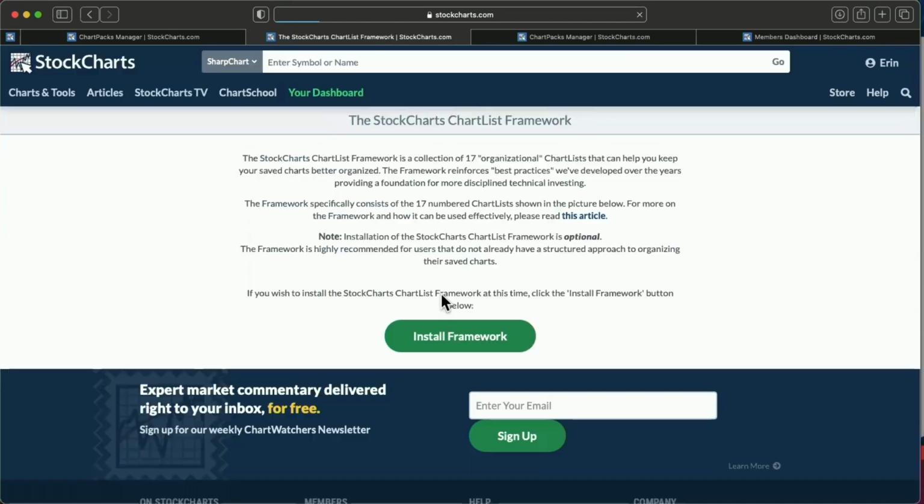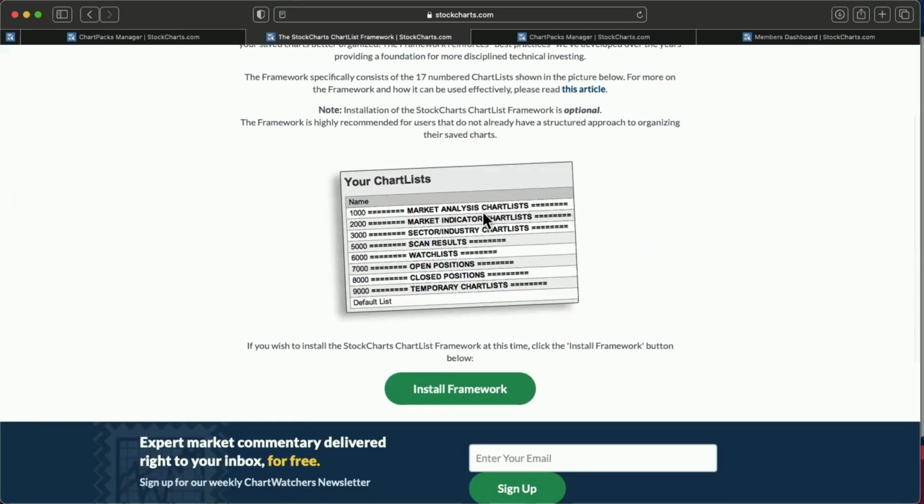This is the StockCharts framework. And this is what I was talking about, using numbers to organize what you're looking at. Now, for me, since I use those DecisionPoint ChartPacks, I don't use the framework quite so much, just because the chart packs are already organized for me for DecisionPoint.